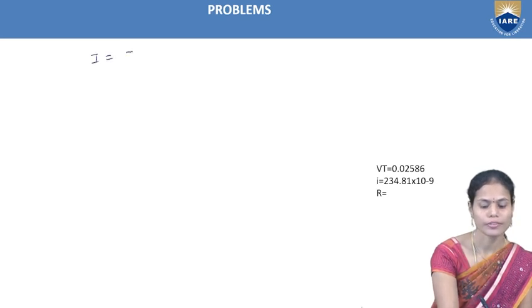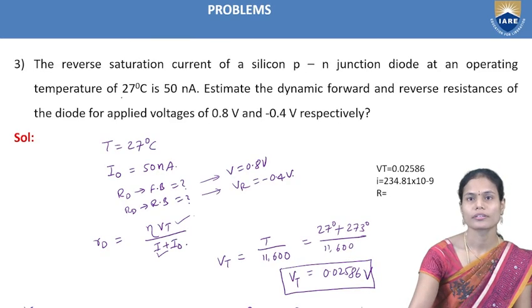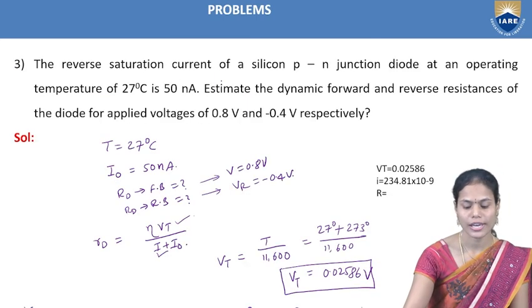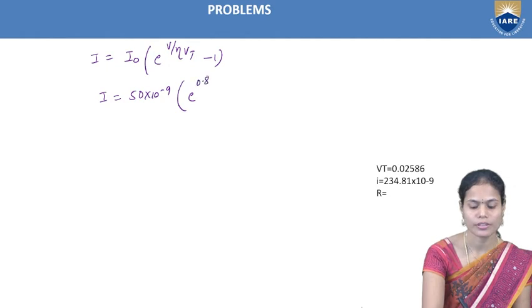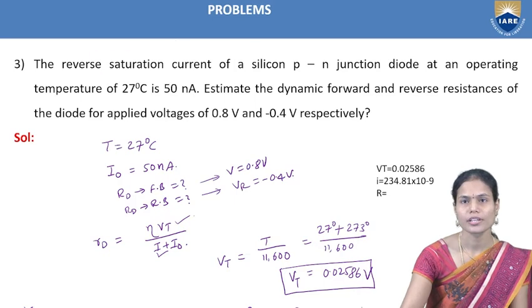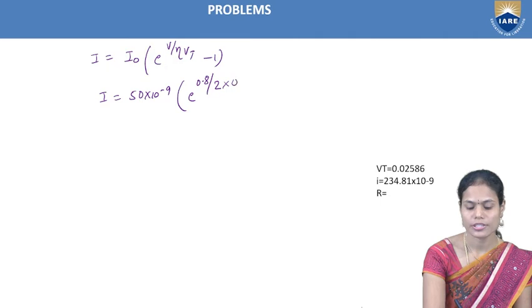I equal to I naught into e power V by eta Vt minus 1. Here I naught is 50 nanoamperes, so 50 into 10 power minus 9, e power V, whose value is 0.8 volts, divided by, and it is a silicon diode, so the eta value is 2, and Vt we got as 0.02586, minus 1.